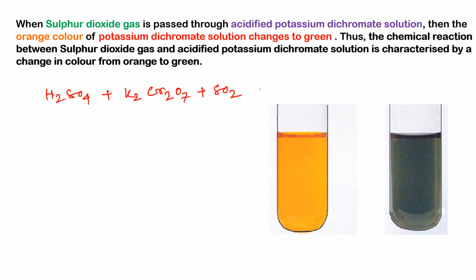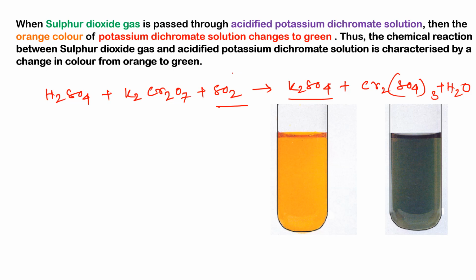Whenever we pass sulfur dioxide gas through it, we are able to get K2SO4, potassium sulfate, and Cr2(SO4)3, chromium sulfate, and some water molecules.